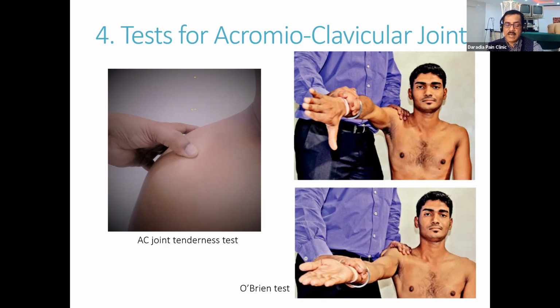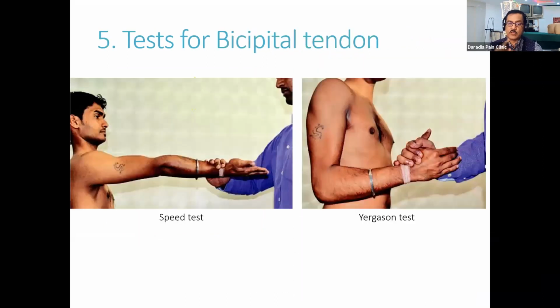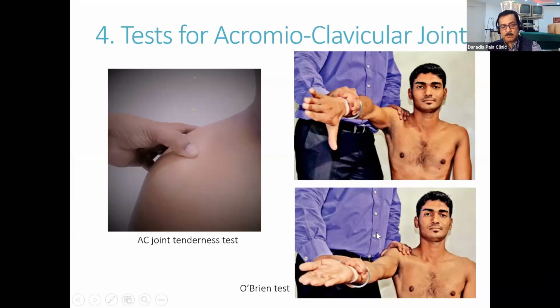There is another test called the speed test. The speed test and O'Brien test are similar. I'm coming to the speed test, and I'll be repeating it on the volunteer, so don't worry. As I told you, it is very difficult to remember this whole long list. Remember one or two, and I'll be showing you on the volunteer again. So this is the speed test. As I told you, in the supinated position, if the patient feels pain on the acromioclavicular joint, this is your O'Brien test.